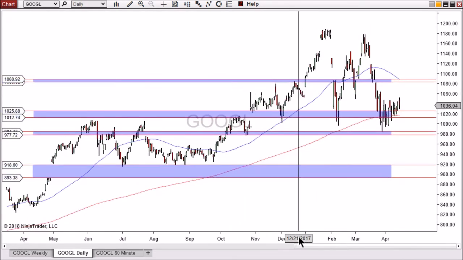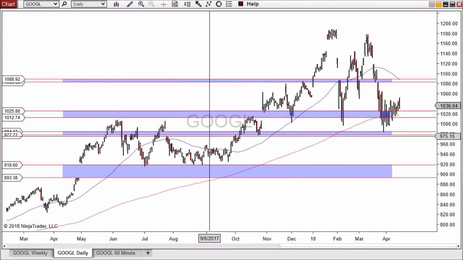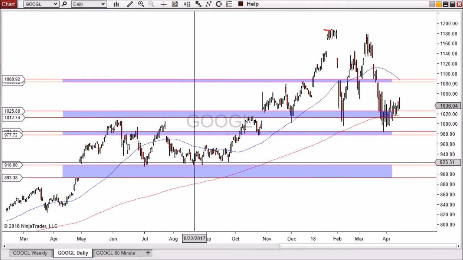If we take a look at the daily price chart, you could still make a case that it may be trying to break this double top here. If it breaks below, takes out these lows here, then we could be looking at this 918 area.